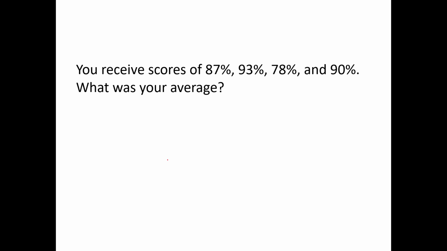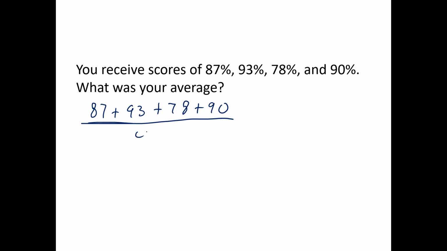So let's just briefly review what the average is, right? So you receive scores of 87, 93, 78, and 90. What was your average score? And so you guys know how to do this. To calculate your average score, you add up all your scores, your 87 plus your 93 plus your 78 plus your 90, and you divide it by the number of scores.